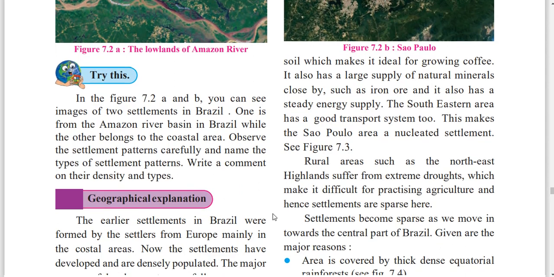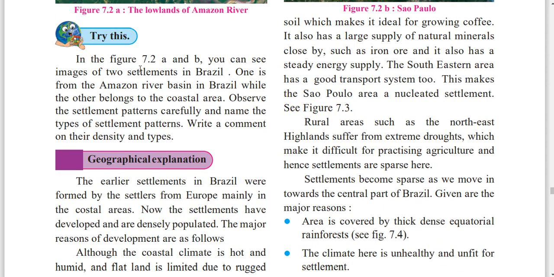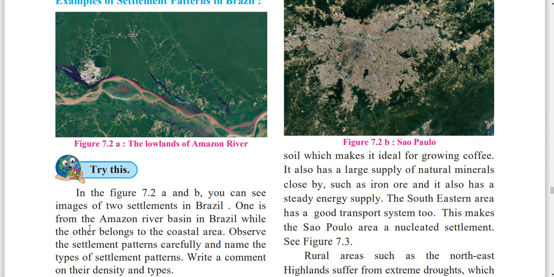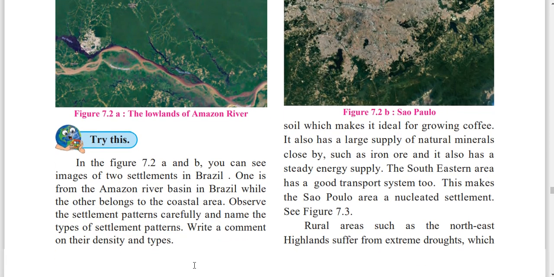Try this. In figure 7.2a and b, you can see images of two settlements in Brazil. One is from Amazon River basin in Brazil, while the other belongs to the coastal area. Observe the settlement patterns carefully and name the types of settlement patterns. Write a comment on the density and types.